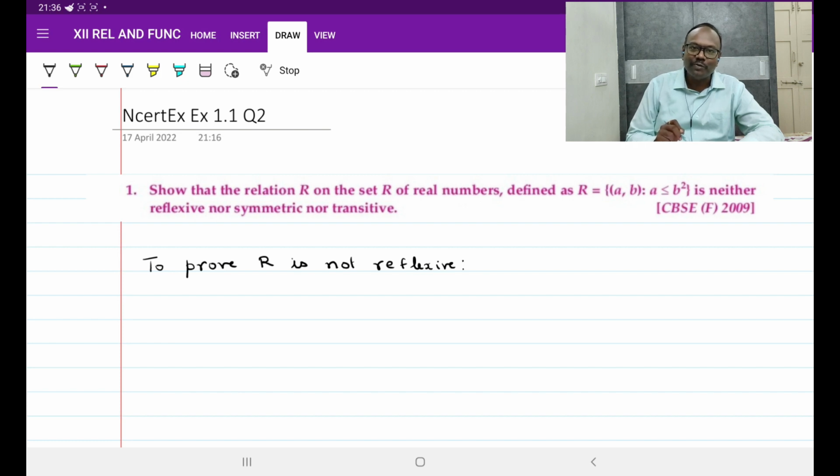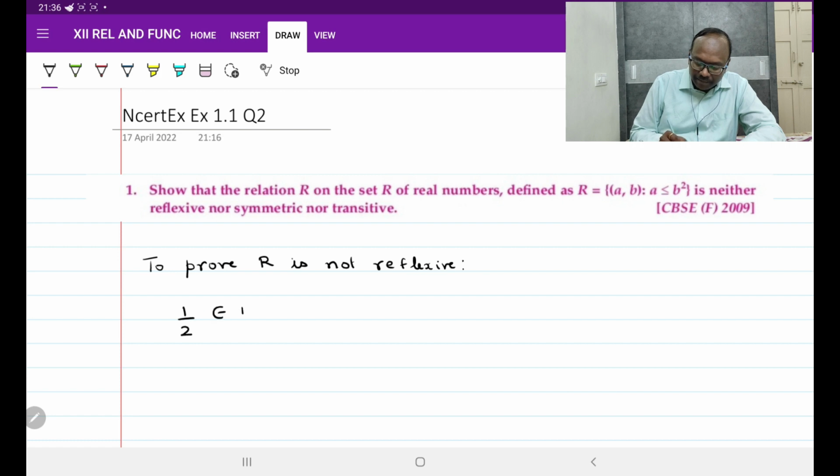But if I want to prove that (a, a) does not belong to R, then I have to choose an example where a is greater than a square. The condition a greater than a square is satisfied by any proper fraction. So we choose an ordered pair of the form (a, a) where a is a proper fraction. Let us take half, which is a proper fraction.